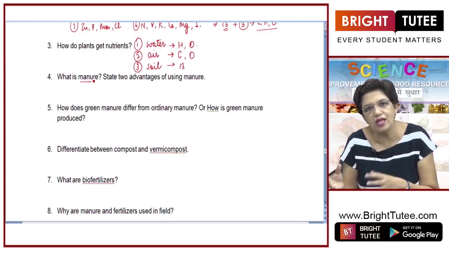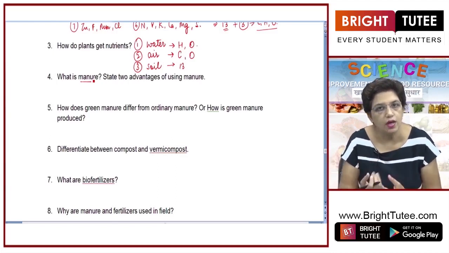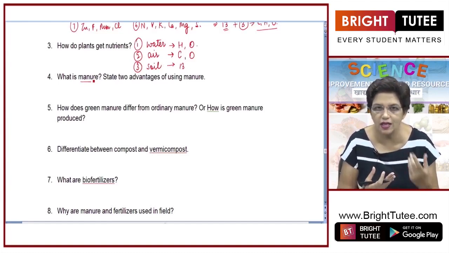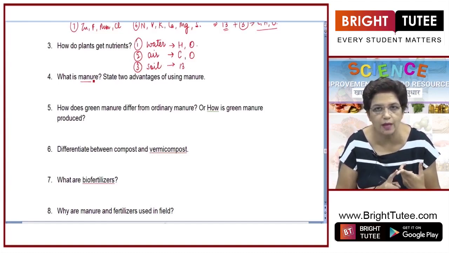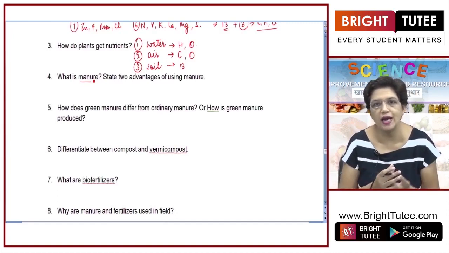Using these natural waste products, they are decomposed and converted into manure. This manure is rich in nutrients, and rich in humus, which is organic matter. This manure is utilized to increase the fertility of the soil.